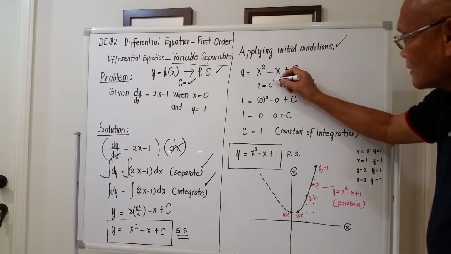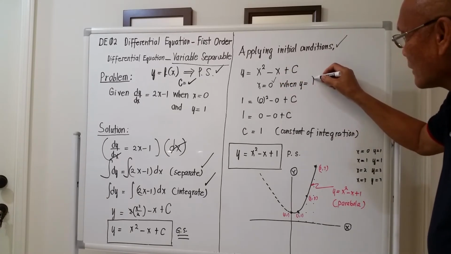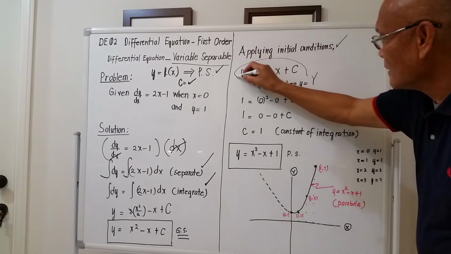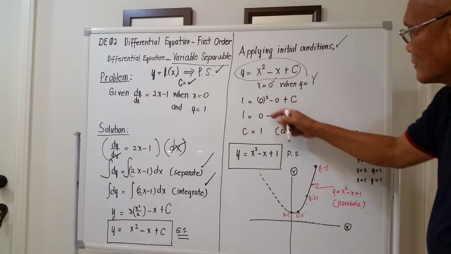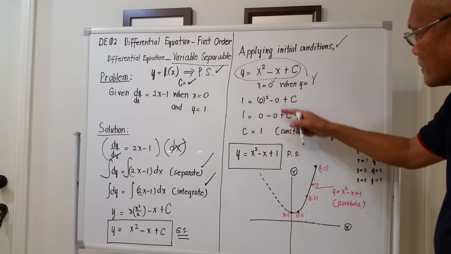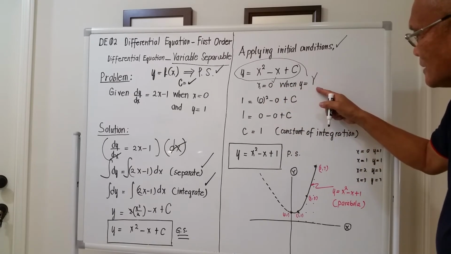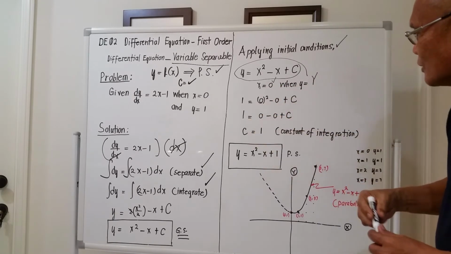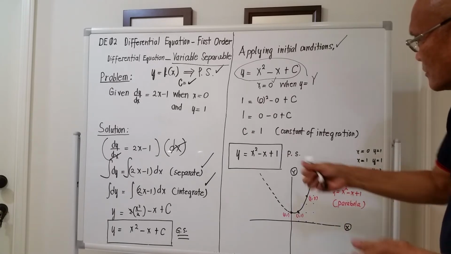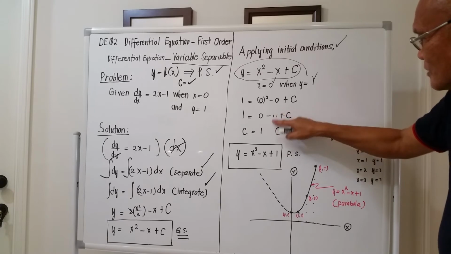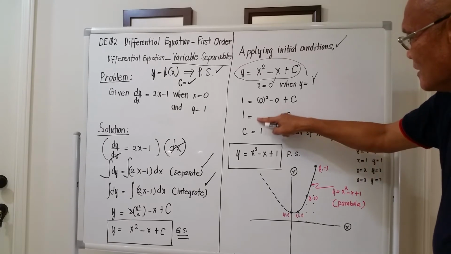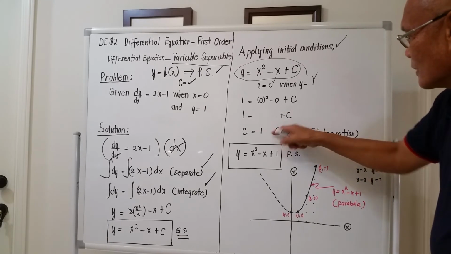So if we take the value x to be 0 and y equal to 1, we put it here. Okay? So 1 will be equal to 0 quantity squared minus 0 plus c. 0 squared is just 0. Okay? Minus 0 plus c. These are now zeros. So c will be equal to 1.